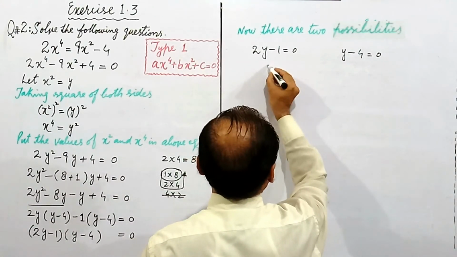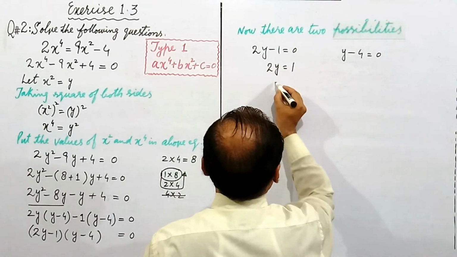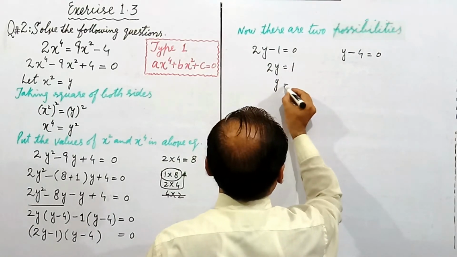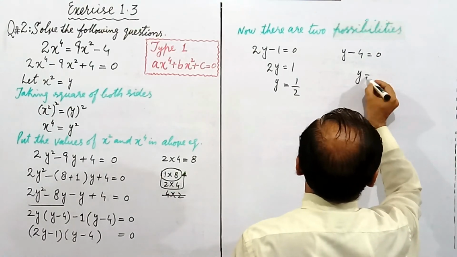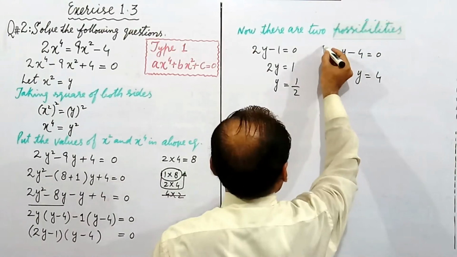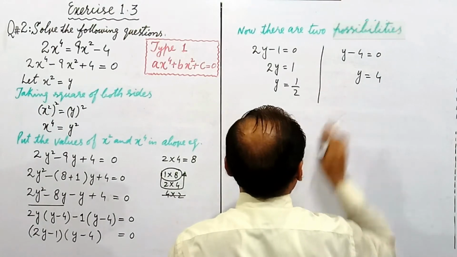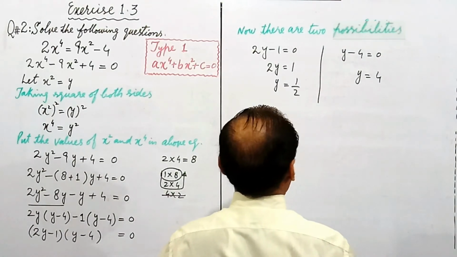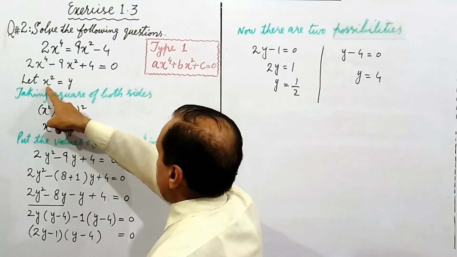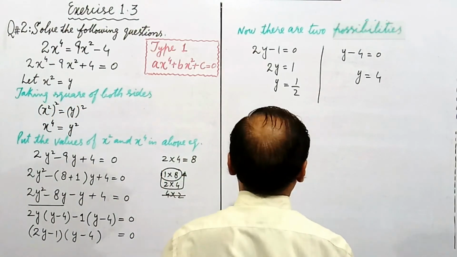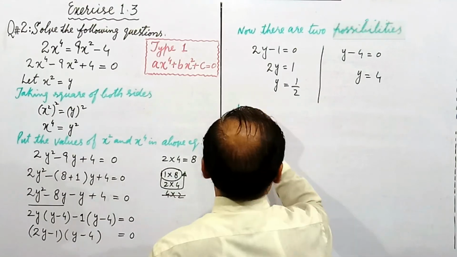Minus 1 is taken to the right hand side, we have 1. 2 is multiplied, it's taken to the right, it becomes 1 over 2. Minus 4 is taken to the right, we have 4. We have both values of y. If we replace these values of y by x square, which we let, we can find the solution.